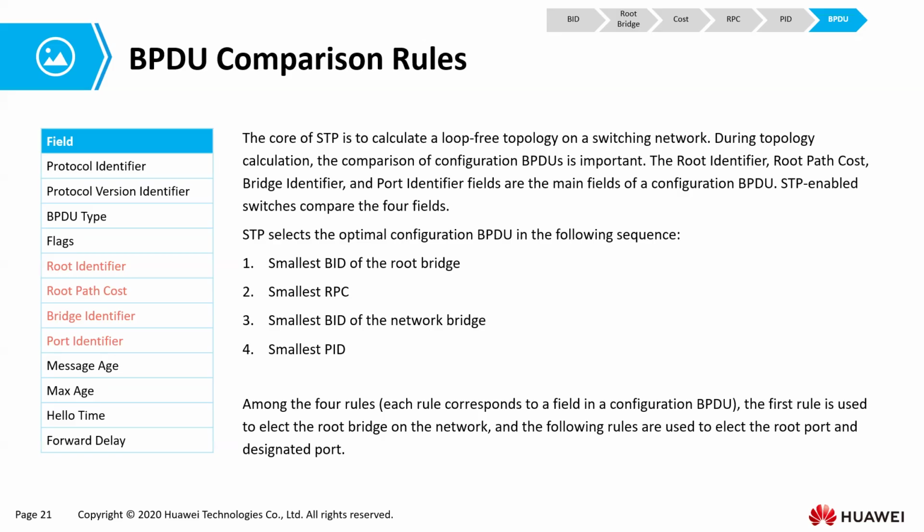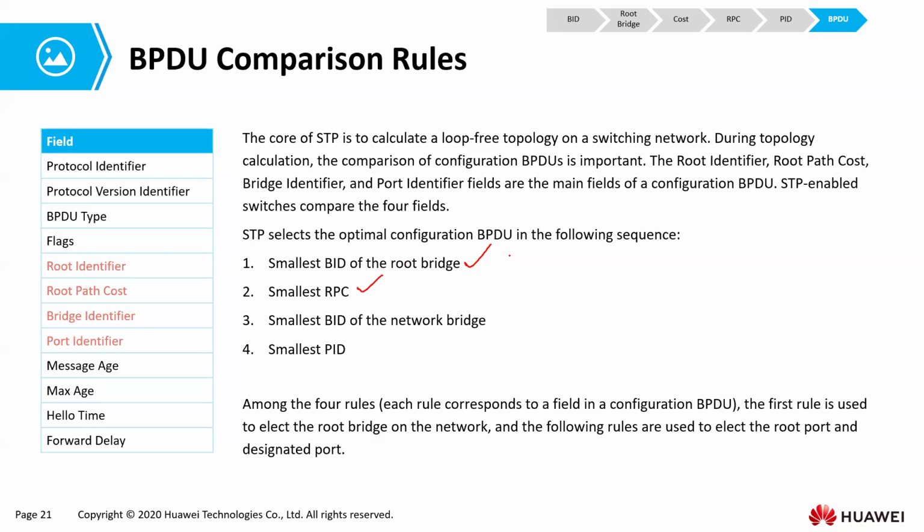This is a summary of all the rules we have when making comparisons. Number one, we compare the bridge IDs to get the root bridge. Number two, we compare the root path cost. This one we compare to select the root port.